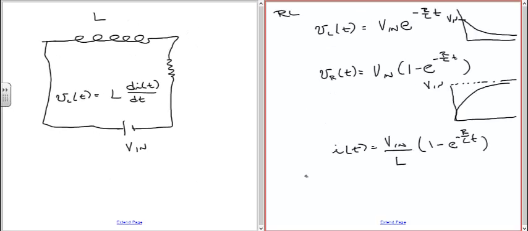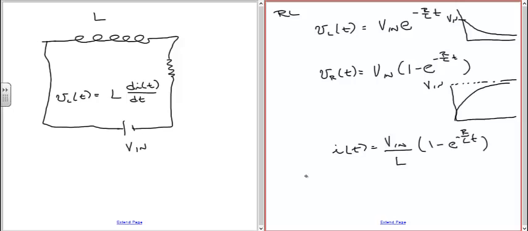So the current, unit-wise, is going to be the voltage divided by the inductance. There's this time thing in here, so what is that? Just thinking about units. Let me check the equation, see what they wrote in the book.